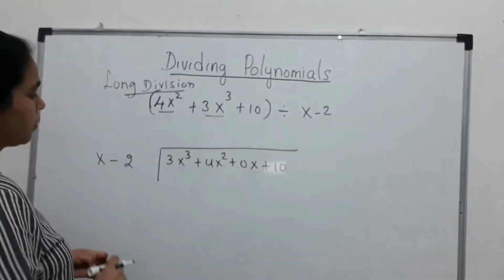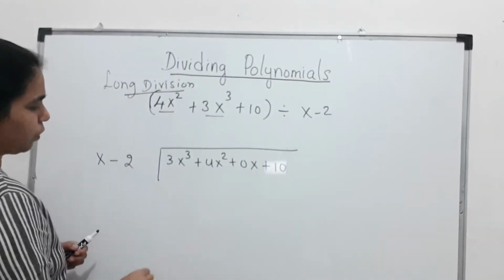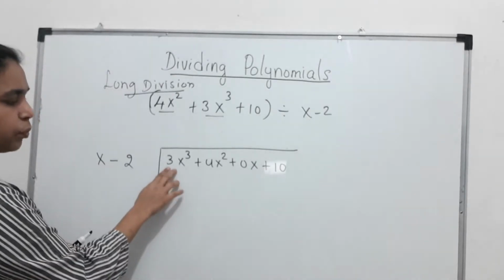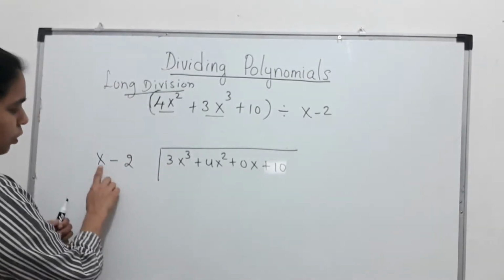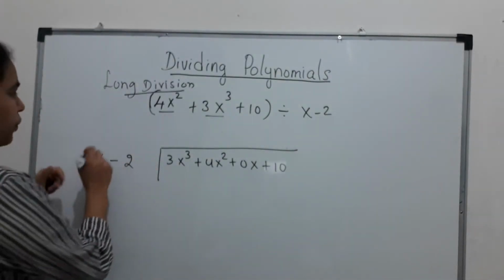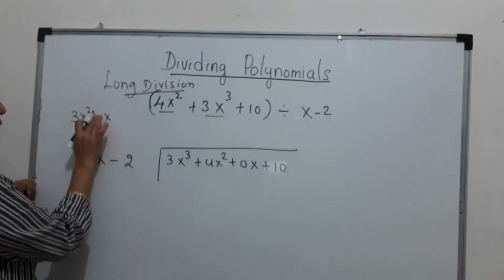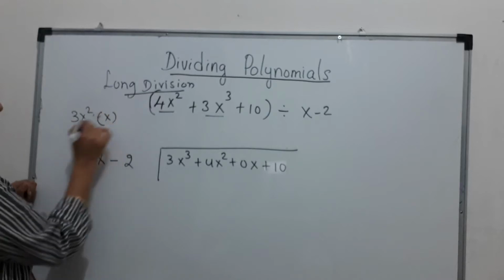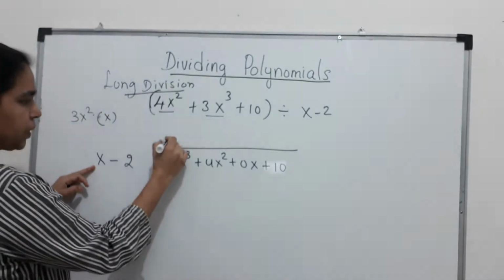For dividing polynomials, it's the same as normal division. First of all, you have to make the first term 0. For that, you have to multiply x with 3x squared. So 3x squared times x is equal to 3x cubed. So you write 3x squared up here.